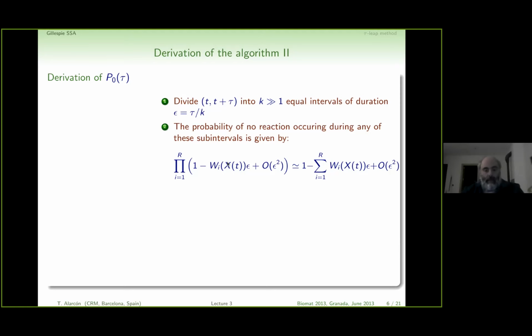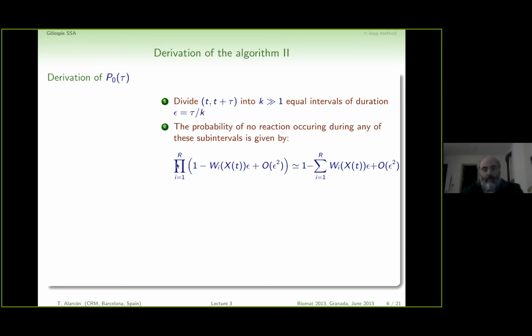1 minus the probability of event I occurring within this subinterval, which is given by the corresponding W multiplied by epsilon plus things that are of order epsilon squared. So this is the probability that reaction I occurs in this subinterval, and the probability of the reaction not occurring in this time interval is 1 minus this quantity here.